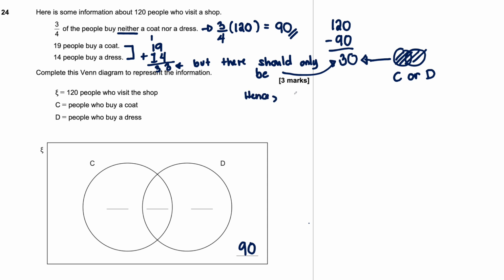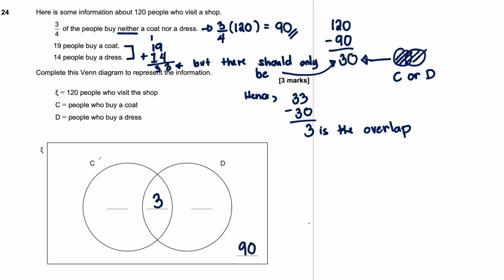So therefore, the 33 and the 30 have an overlap of 3. So 3 is the overlap. So that is the one inside the overlap of the two diagrams.